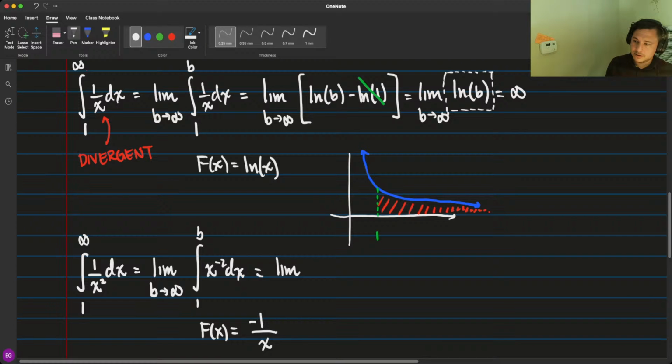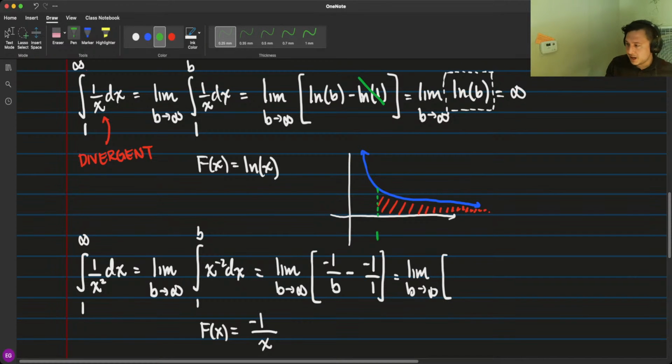You get the limit as b goes to infinity of, so you need big F of b, that would be minus 1 over b minus 1 over 1. Okay, these two minuses will cancel, so that's going to be a plus 1. So you're going to get the limit of 1 minus 1 over b.